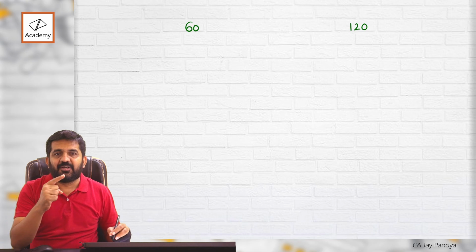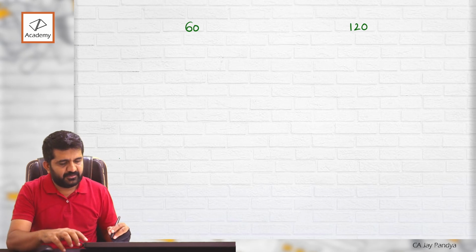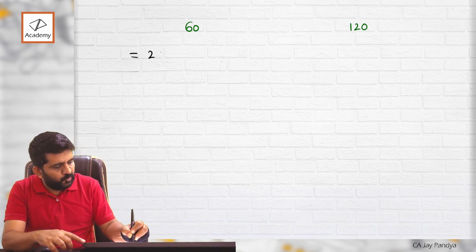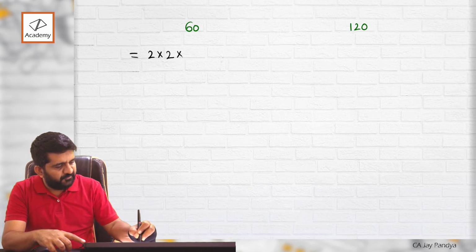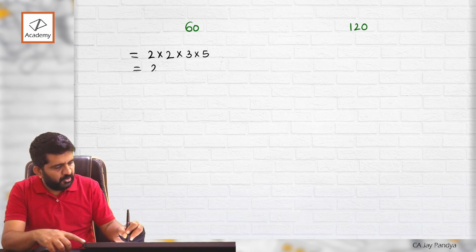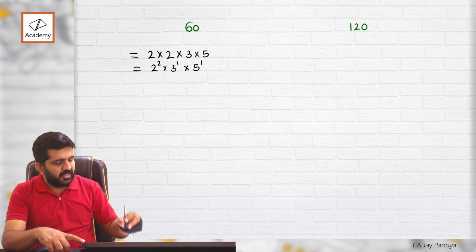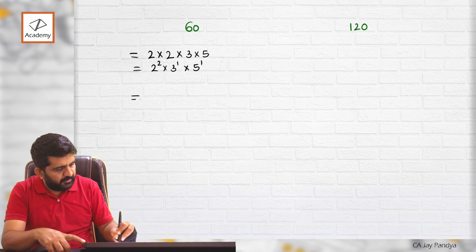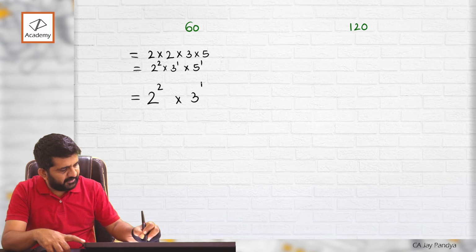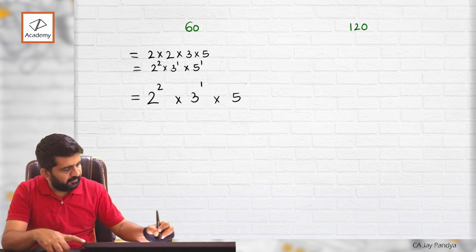First, we need to understand the basic principle of arithmetic. 2, 30 is left. 2, 15 is left. 3, 5 is up. 2 square, 3 raised to 1, 5 raised to 1. Let me write down in somewhat big numbers. 2 square multiplied by 3 raised to 1 multiplied by 5 raised to 1.